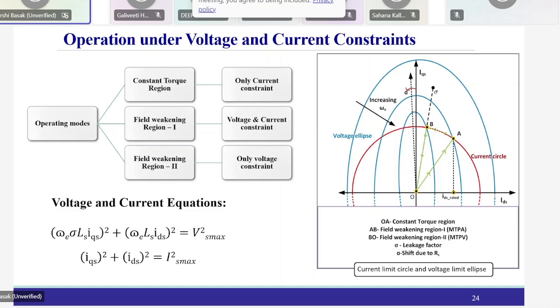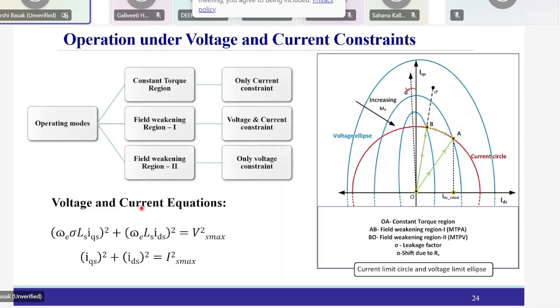Corresponding to that, you will have three operating modes in the torque speed plane. One is called the constant torque region, another is called field weakening region 1, and the third is field weakening region 2. In field weakening region 1, only the current constraint is valid. Here both voltage and current constraints are there, and here only the voltage constraint will be there.